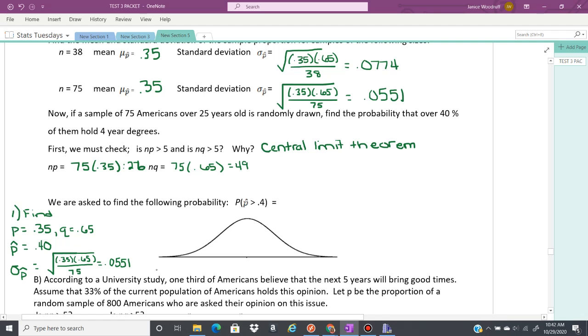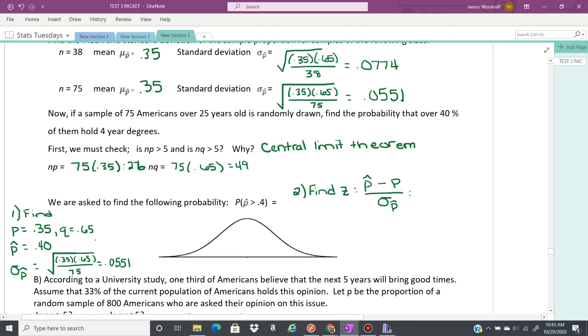So first step, we find our relevant numbers. Second step, we are going to find the z-score. I should have left you guys more room, I'm sorry about that. So step 2, you're going to find the z for this value. That means you're going to do p hat minus p over the standard deviation of p hat.